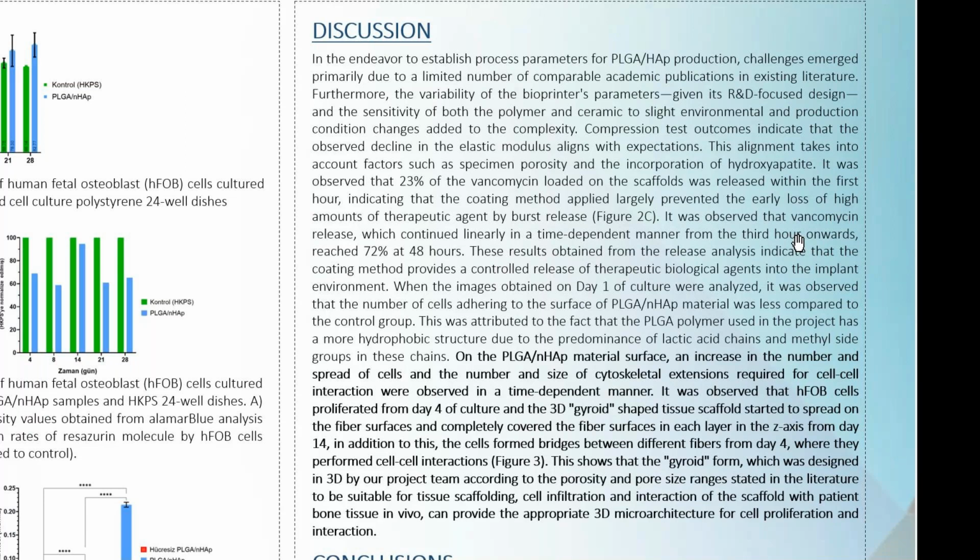And also it was observed that the osteoblast cells proliferated from day 4. And the gyroid structure and the PLGA and nanohydroxyapatite composite material presents linear antibiotic release, which is the situation we wanted.